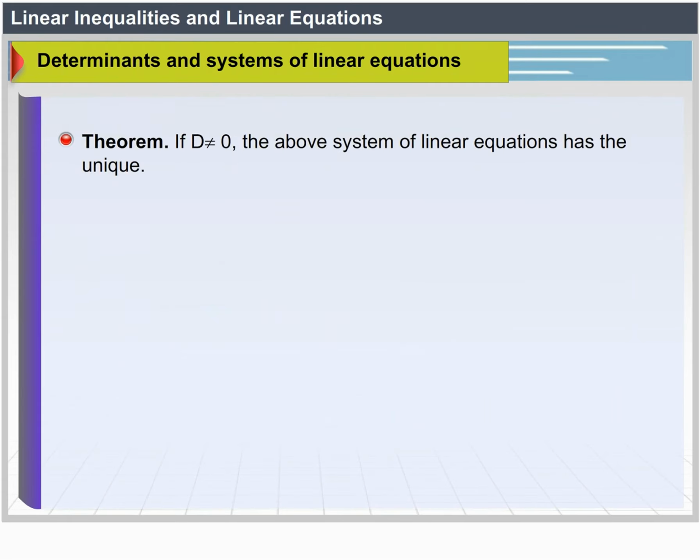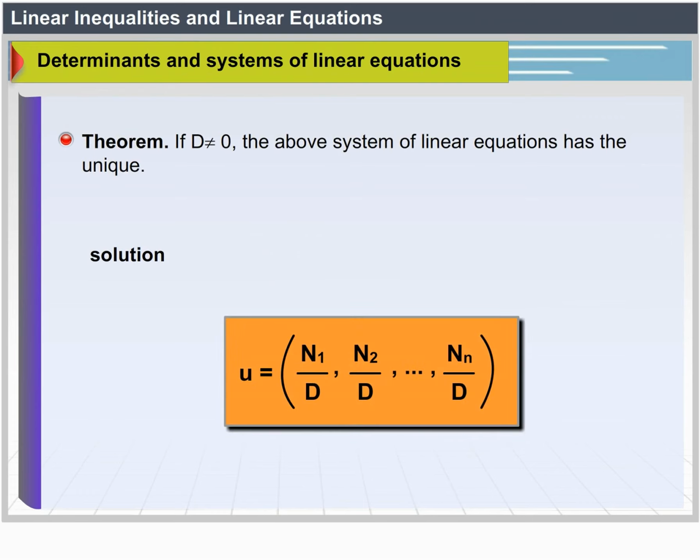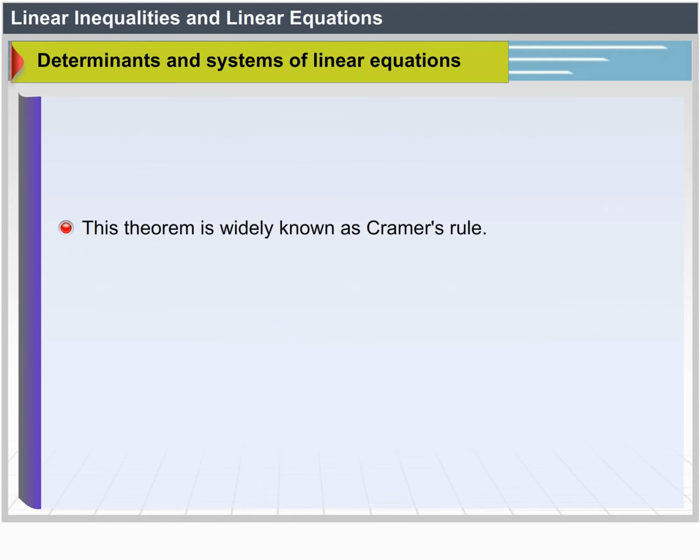Theorem: if D is not equal to 0, the above system of linear equations has the unique solution u equal to N1 by D, N2 by D, up to Nn by D. This theorem is widely known as Cramer's rule.